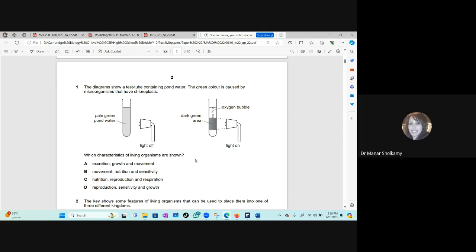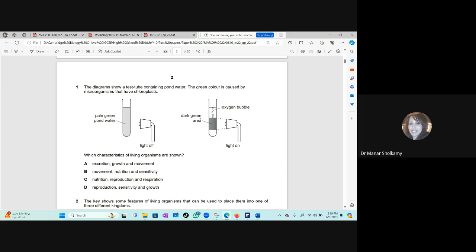Give me a second. Let me look at the diagram myself. You all agree that it's B? Why not?